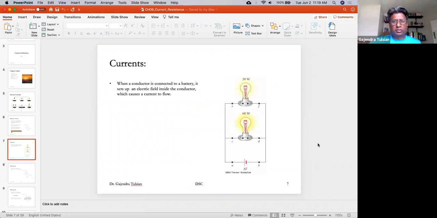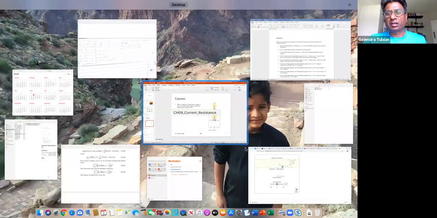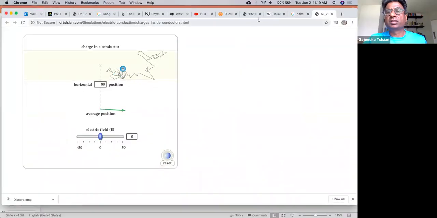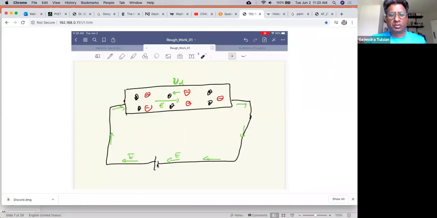All right, so here is a conductor connected to a battery. So when a conductor is connected to a battery, it sets up an electric field inside the conductor. Okay, so with the voltage source, you can set up an electric field inside a conductor. And that's what this diagram shows you. So when a voltage source is connected to a conductor, it establishes an electric field inside a conductor.